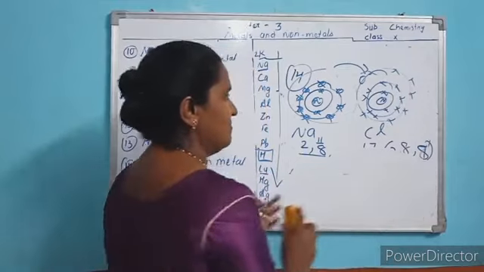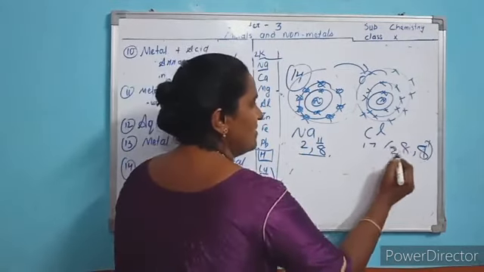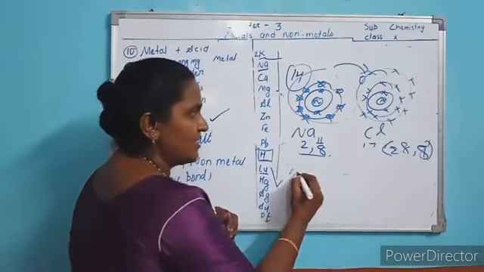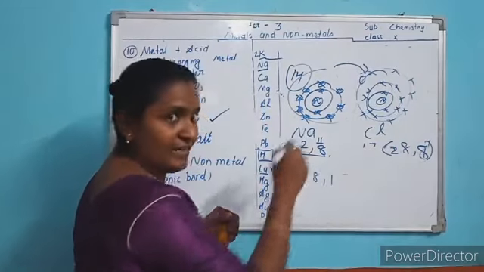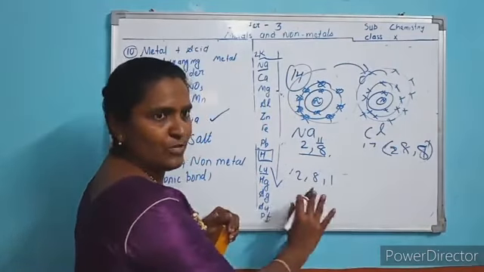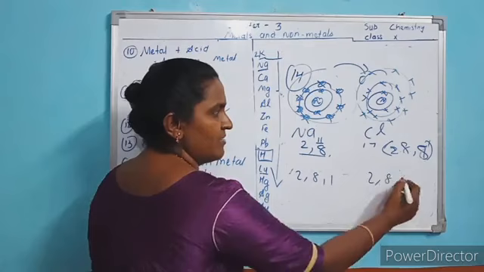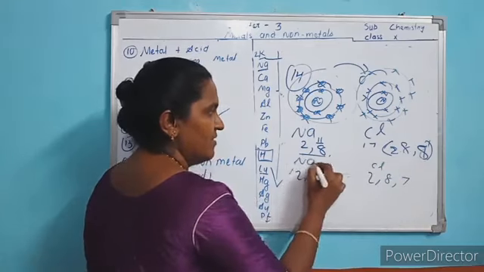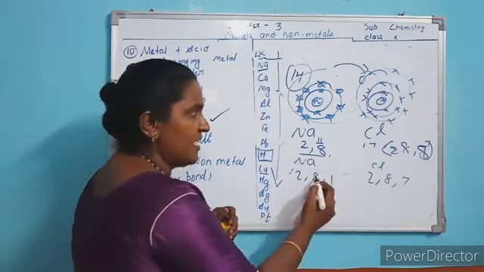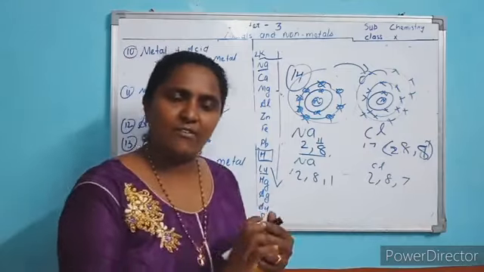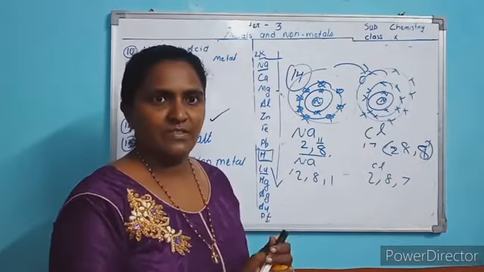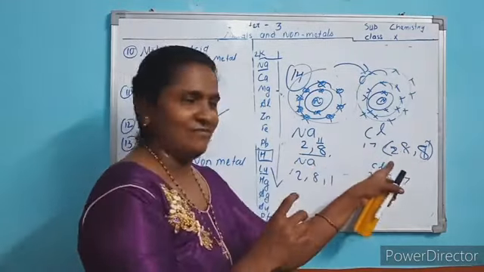Now what happened on this side? Children, earlier the neutral atom was 2, 8, 1. Here also 2, 8, 7. If it has 11 electrons, it has 11 protons also. That's why it is neutral, no charge.